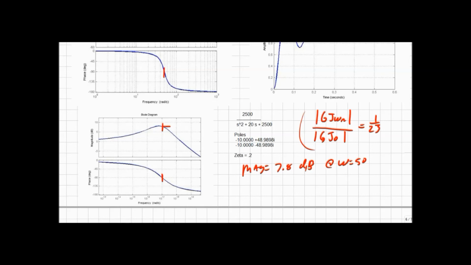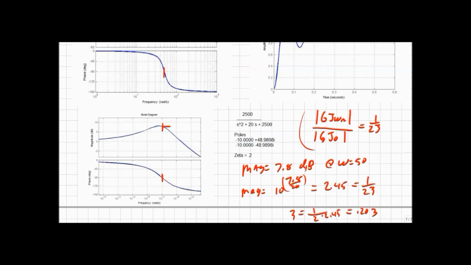I need the actual magnitude, so I need 10 to the 7.8 over 20 to convert it out of decibels, and I get 2.45. 2.45 equals 1 over 2 zeta from above. So zeta equals 1 over 2 times 2.45, and that equals 0.203.